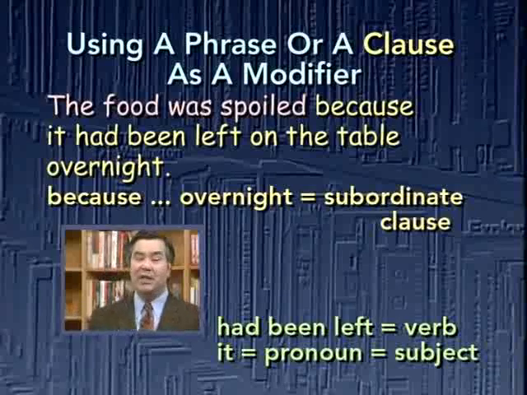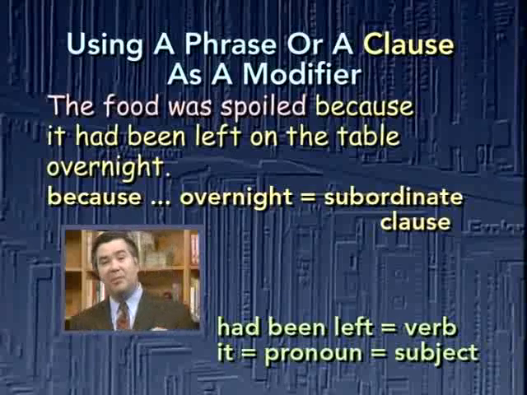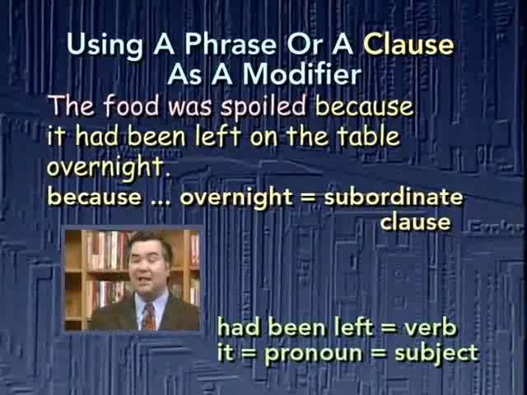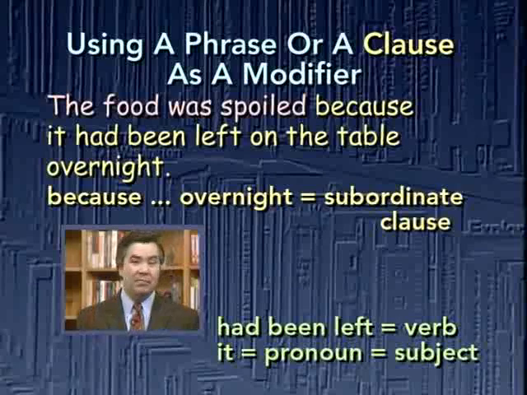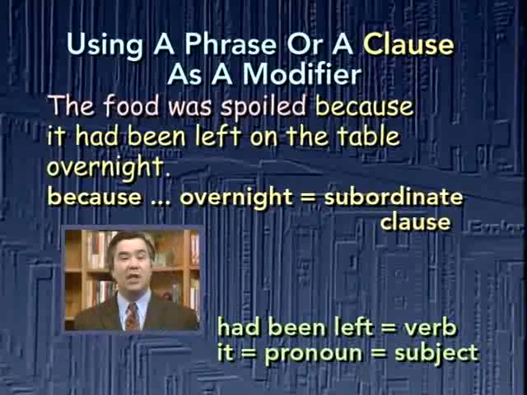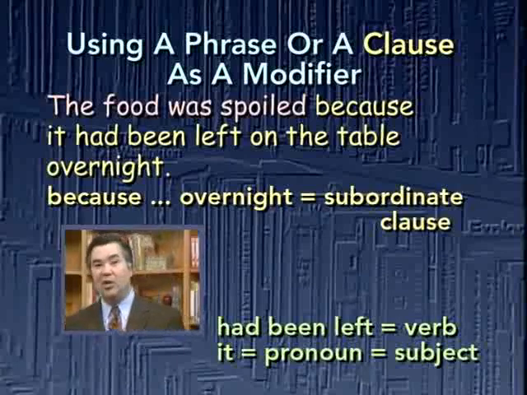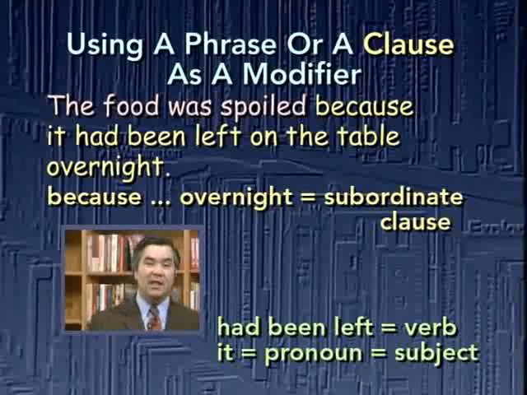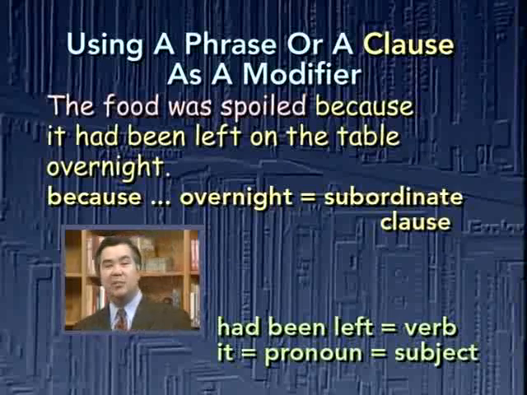Because is a subordinating conjunction, and when it begins a clause, the clause can't stand alone as a sentence. If you saw this standing as a sentence, you would say, that sounds incomplete. I don't understand what's being said. Because turns it into a subordinate clause. So we have a main clause, an independent clause, followed by a subordinate clause.